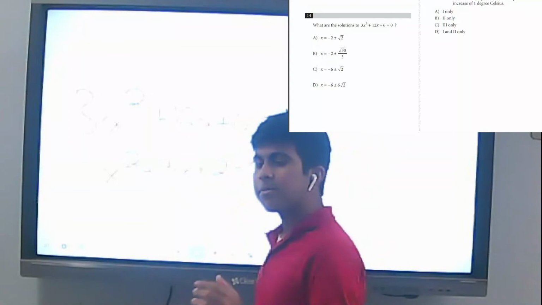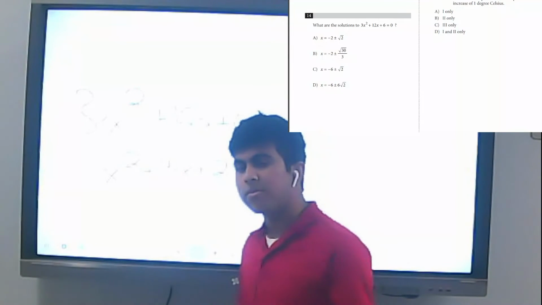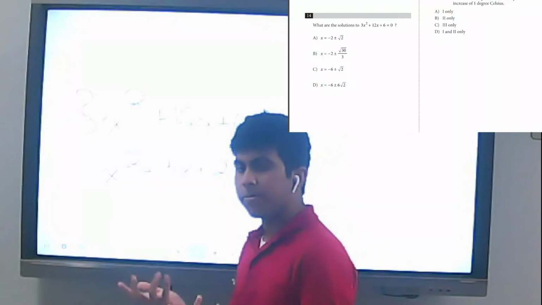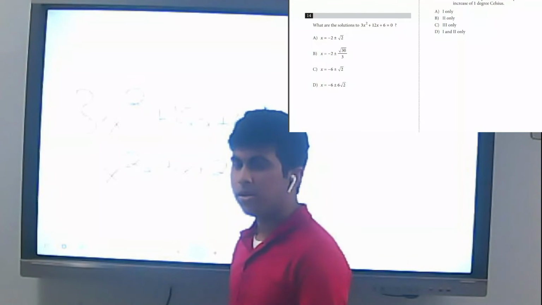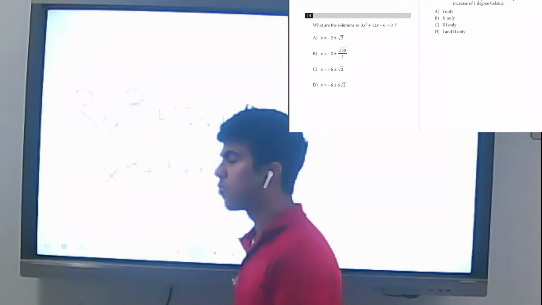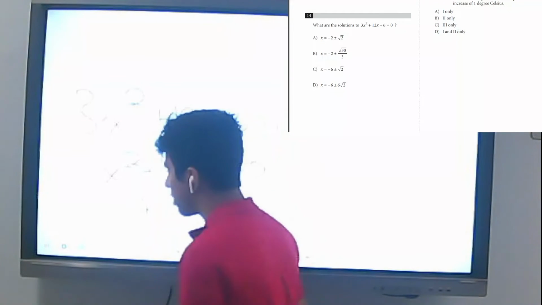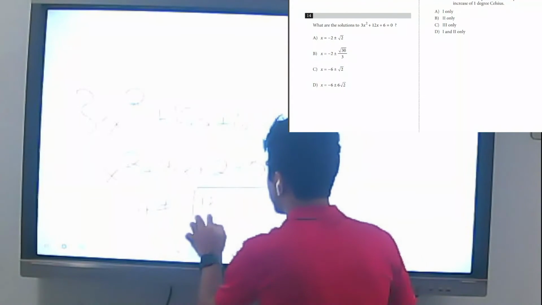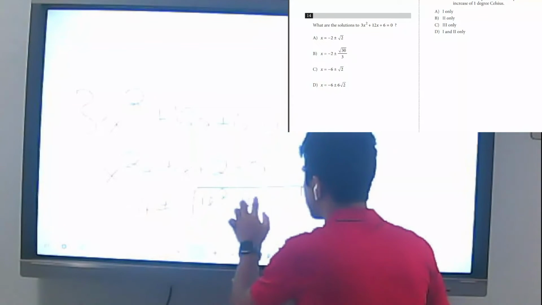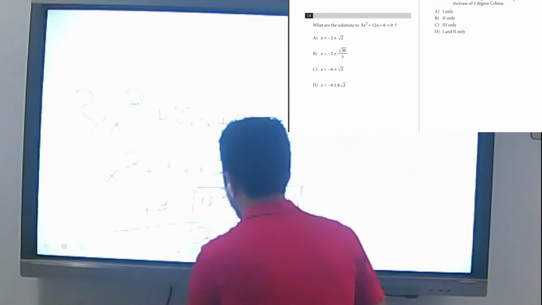So it's negative b plus or minus square root of b squared minus 4ac over 2a. Hopefully you have it memorized. If you don't, I don't really know how you're going to solve this unless you want to derive it by completing the square, which is a tedious process, so just memorize the formula. Once you use it a bunch of times, it kind of fits in your brain. Negative 4 minus this over 4 squared minus 4 times 1 times 2, over 2.